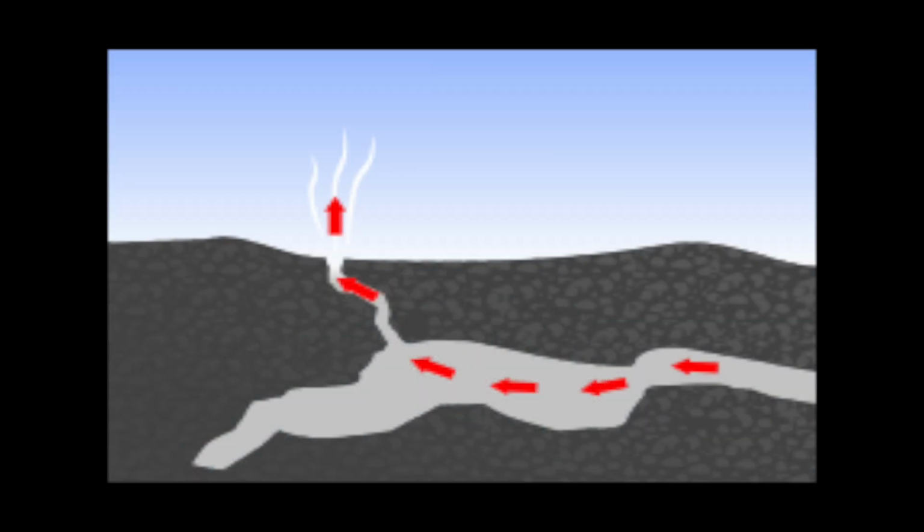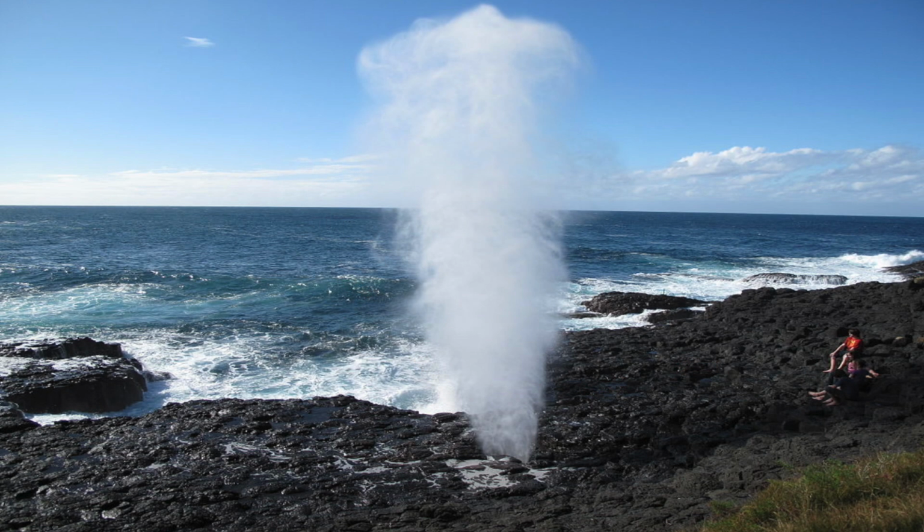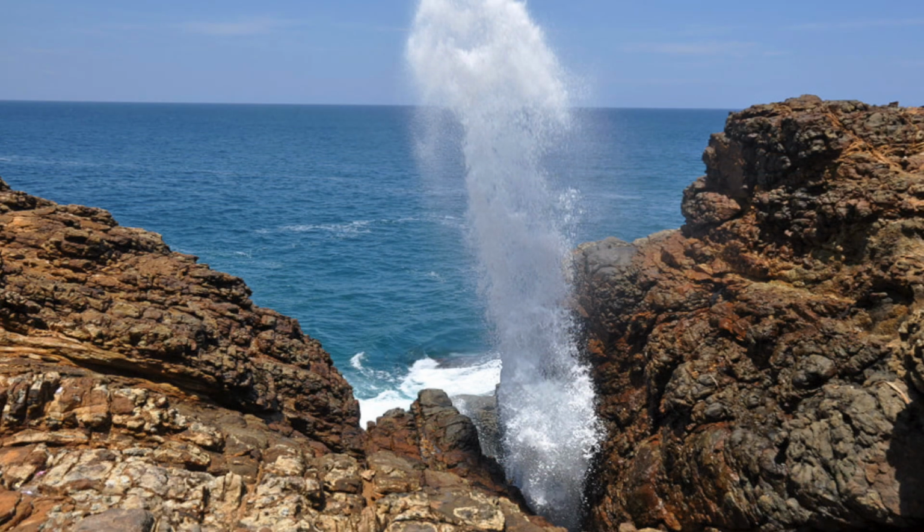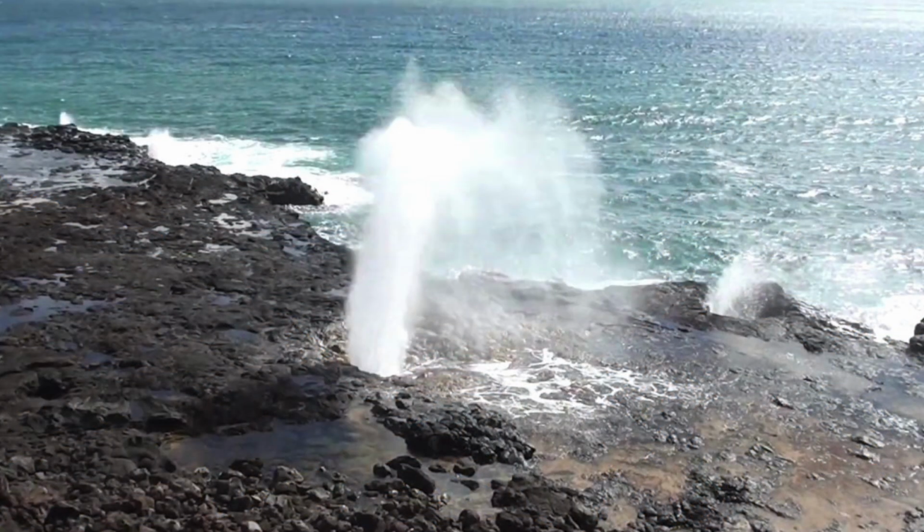Due to breaking of the sea waves on the roof of the sea cave, the compressed air in the cave tries to escape through these holes, making a whistling noise. Blowholes are also called spouting horns because of the noise produced when the water escapes through the holes. It is called a puffing hole in England.